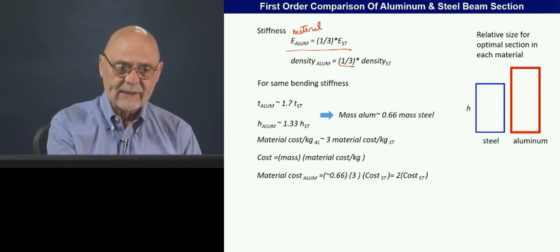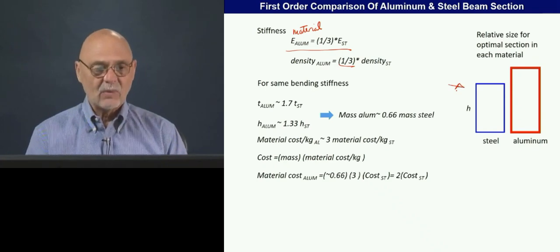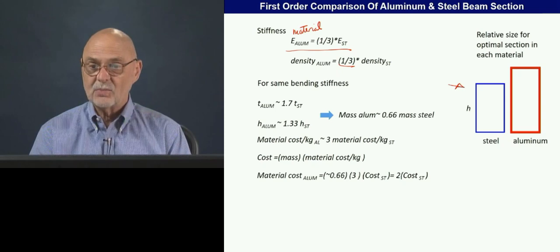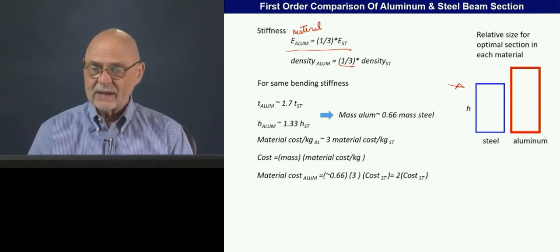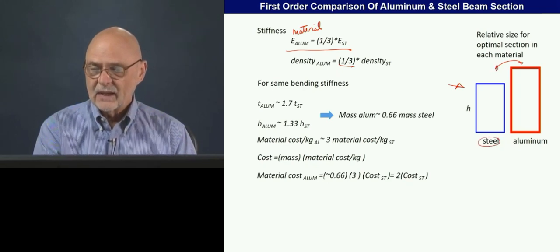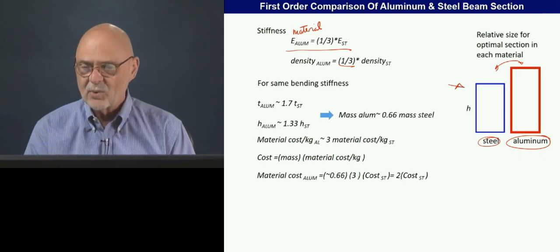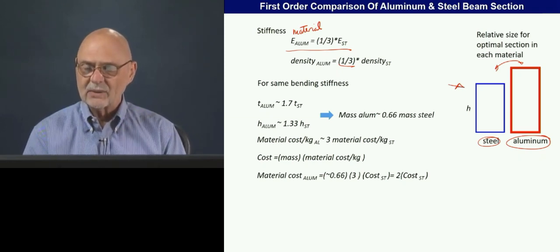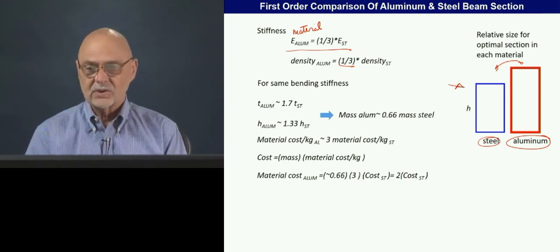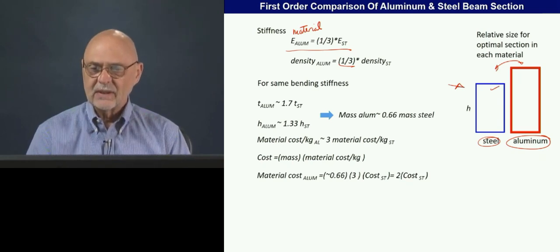However, if we looked at a rectangular section in bending and said that our criterion is equal bending stiffness for these two parts, what we would find is that the relative proportion of the steel and aluminum beams would look something like this. If you remember, very early on we looked at the performance of optimal rectangular sections, and we came up with a particular size for steel.